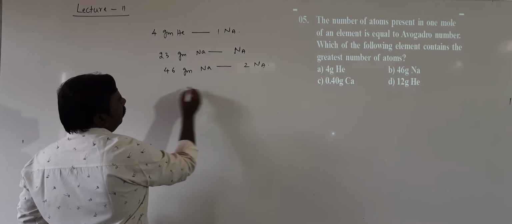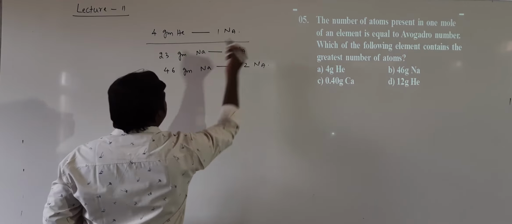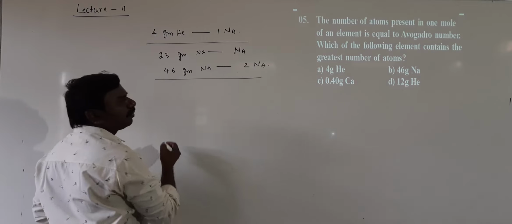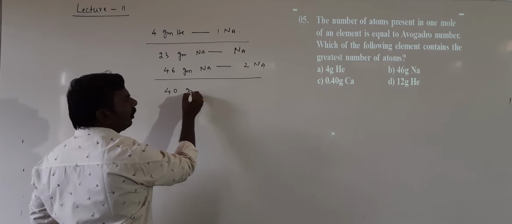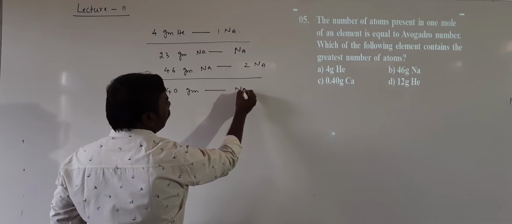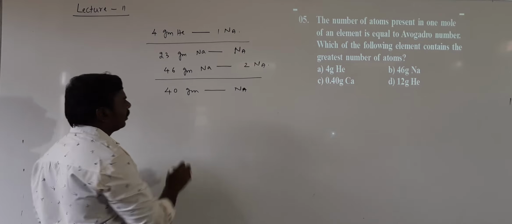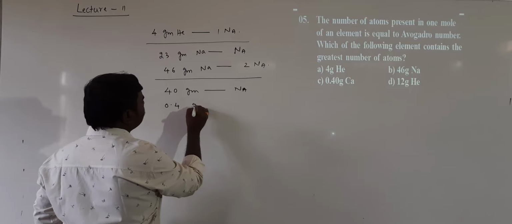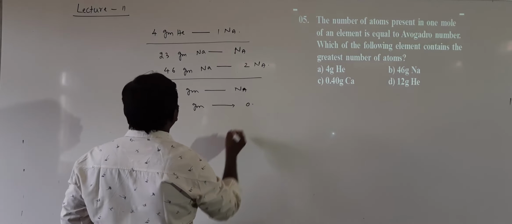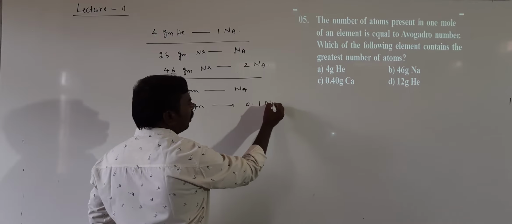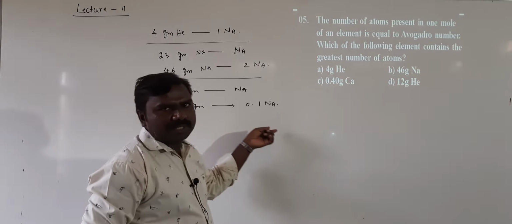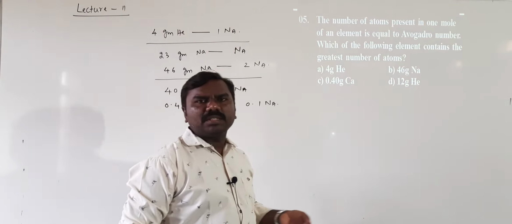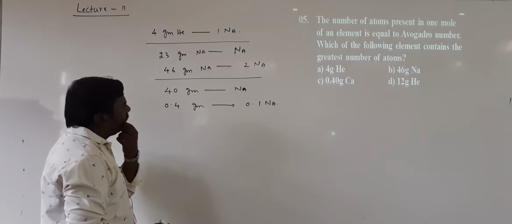Similarly, calcium is given. Calcium mass equal to 40 grams contains Avogadro number of calcium atoms. 0.4 grams means 0.1 Avogadro number. It means 10 times decrease, 1 Avogadro decreases to 0.1.